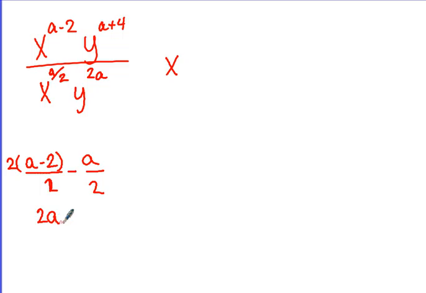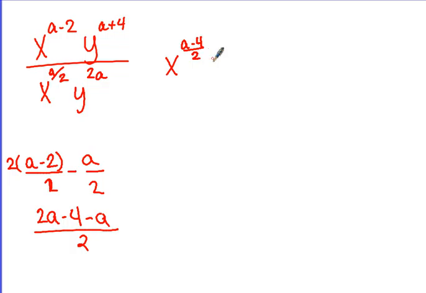We're going to get 2a minus 4. Now keep in mind this is minus a over 2. If we combine like terms, 2a minus a gives me a. So we have x to the a minus 4 all over 2. We did that by combining like terms.